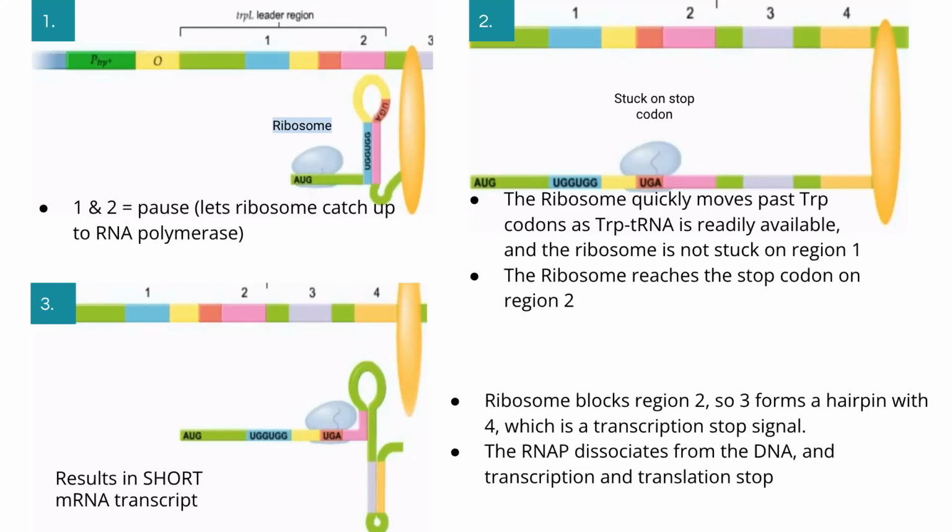What is the one situation where you don't get any transcription at all? When the repressor is on? No, that's the scenario I'm talking about right now. Even if the repressor is active, molecules are bumping, it happens to bump off, RNA polymerase happens to come in right at that moment, you can still get transcription.